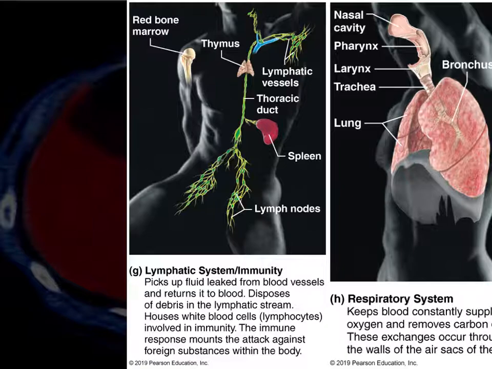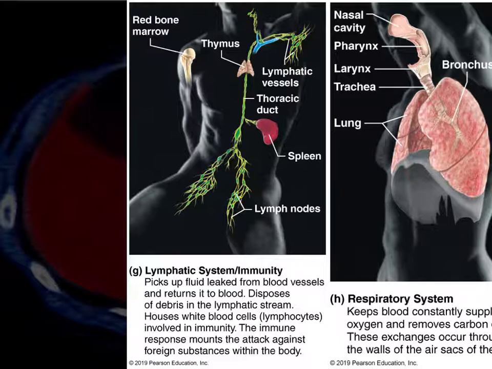But it's not 100% efficient, so fluid leaks into your tissues. The lymphatics are going to pick up those extra leaked fluids and send it back to the heart. But along the way, it's going to stop and check it and say, hey, are you okay? Is there anything bad here? If there is, it'll mount an immune response. If not, it'll let it keep going.